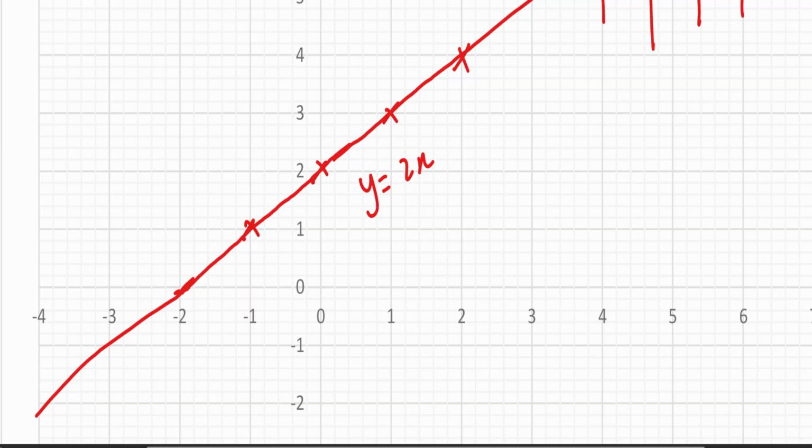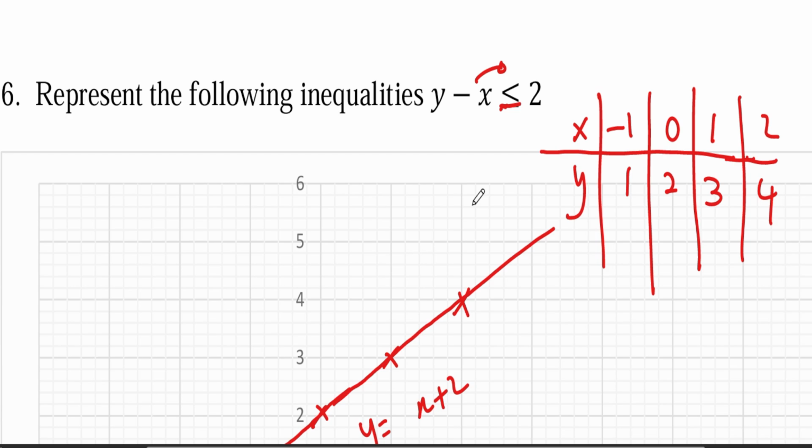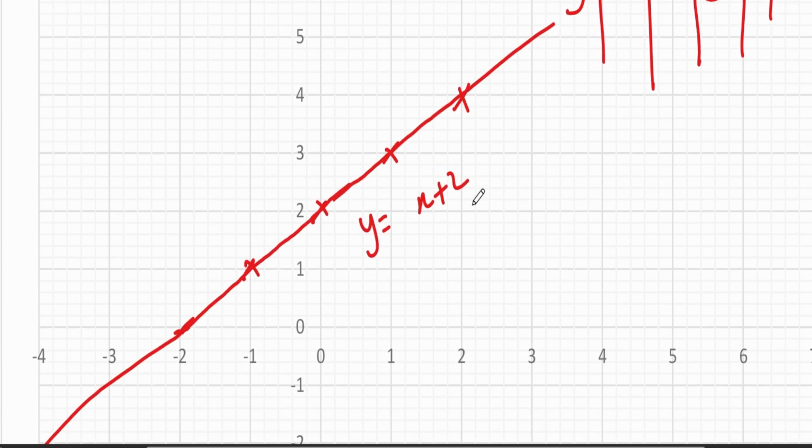It's supposed to be y equals x plus 2, or y minus x equals 2, whichever one. It's still the same. You can write it this way, or you can write it this way, which is y minus x equals 2. Now the question is, where do we shade?